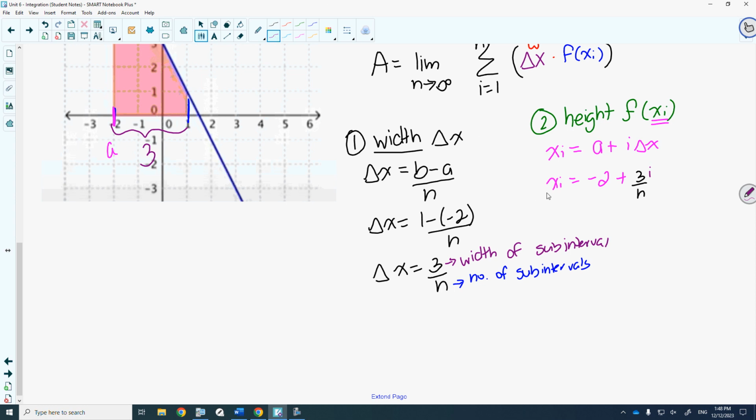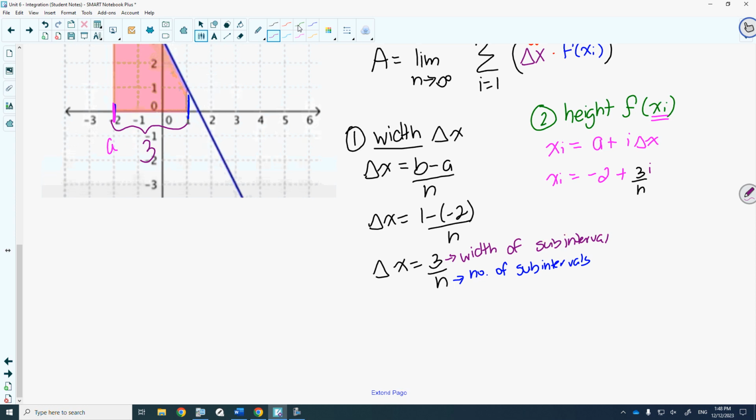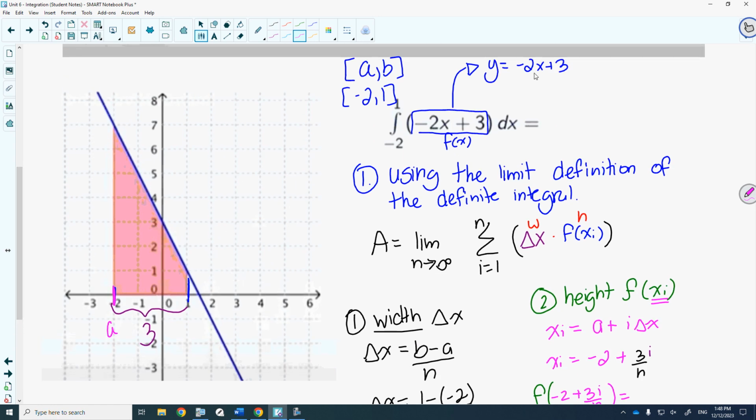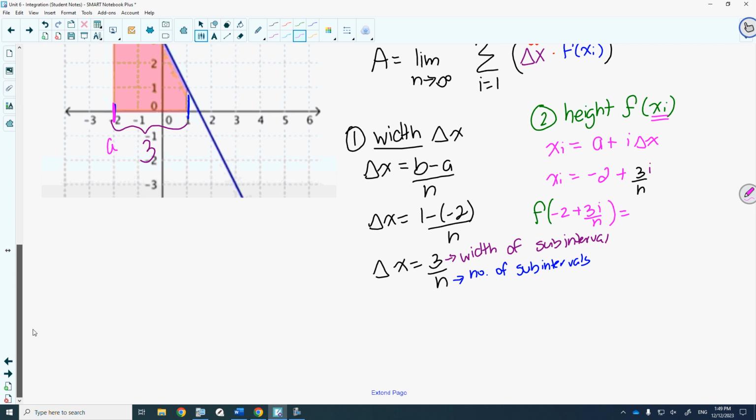Then we're going to input x sub i into our function, and calculate f of negative 2 plus 3i over n. The function is given by the linear equation y is equal to negative 2x plus 3. So take out your x and put in your x sub i: negative 2 times negative 2 plus 3i over n, plus 3.